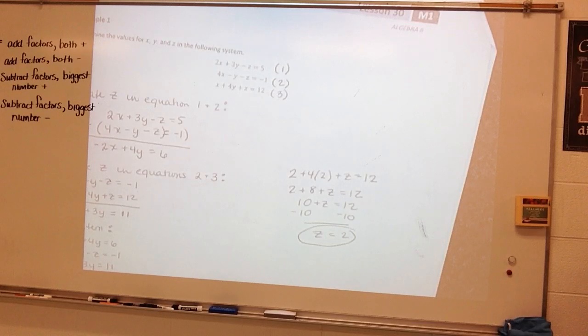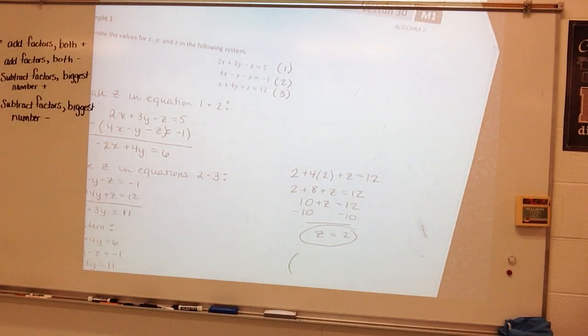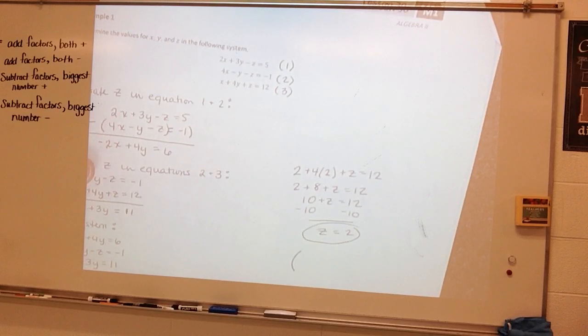Alright? So I can write my numbers in order, and I would write them in order of x, y, z. Alright? So x is not 2, x is 1, which means I messed this one up.